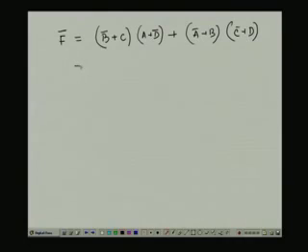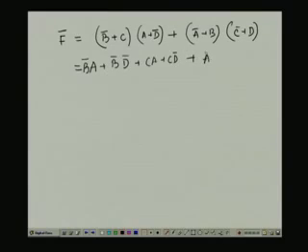Now if we apply the distributive law, then this becomes B bar A plus B bar D bar plus C A plus C D bar.